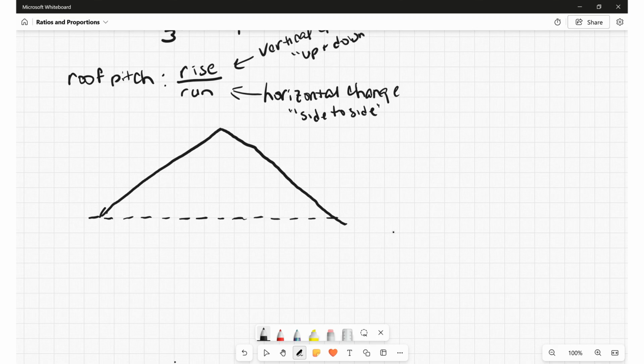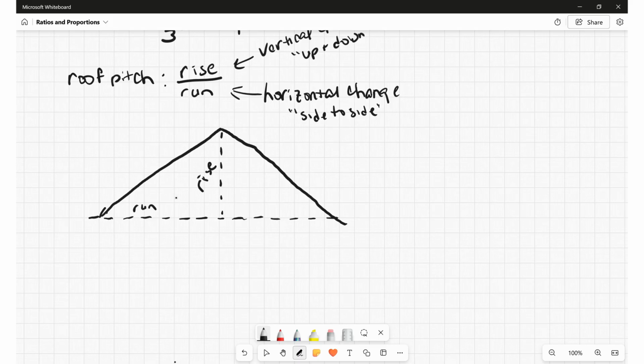Okay. So when we think about this, we need to think about this is how much the roof rises, and this is the run.